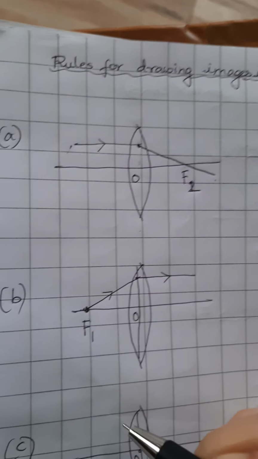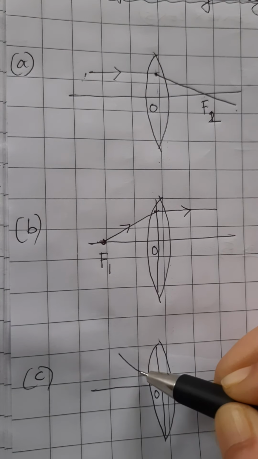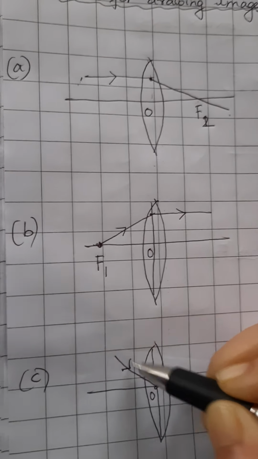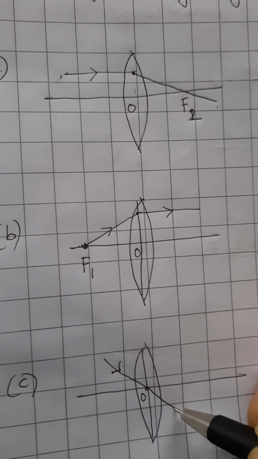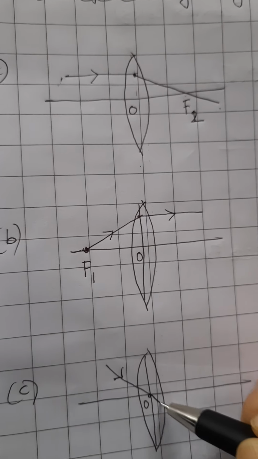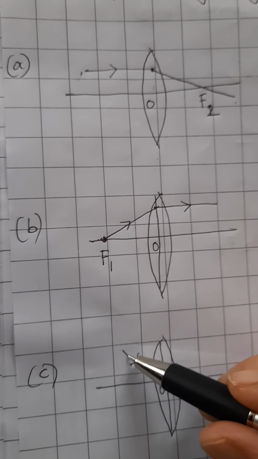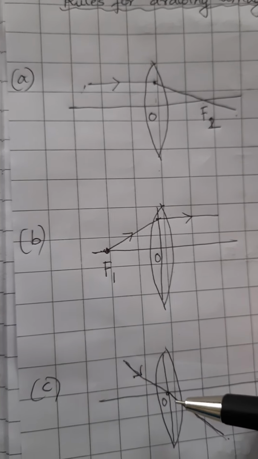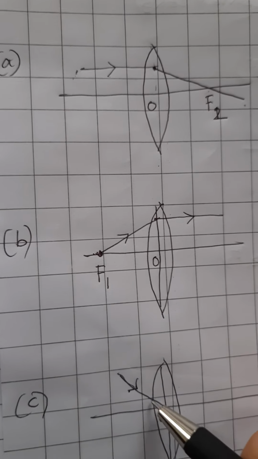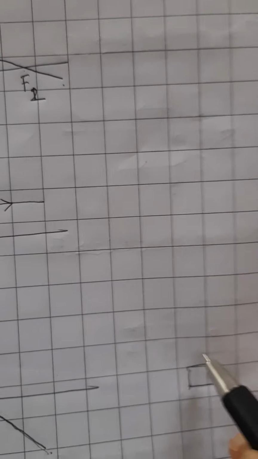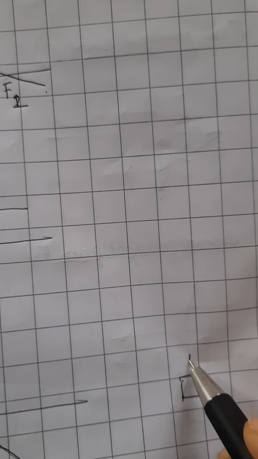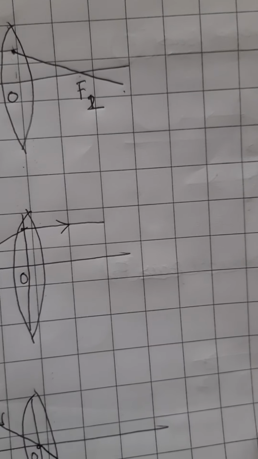And the third rule is that any ray of light which is passing through the optical center will emerge in the same direction without suffering any refraction. Actually, it is considered just like a glass slab where there is refraction this way, and we consider this to be the normal.